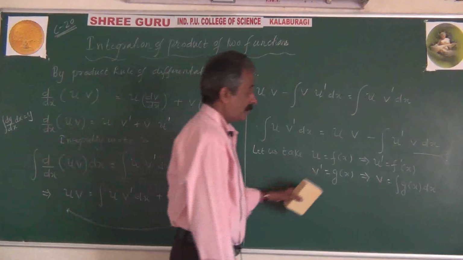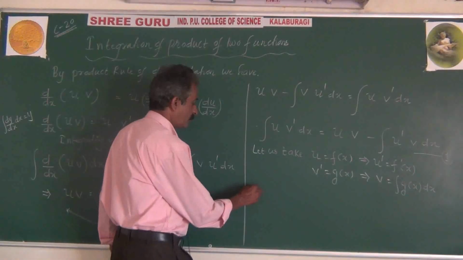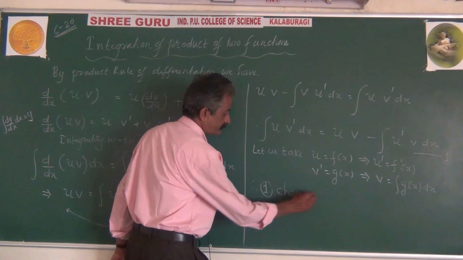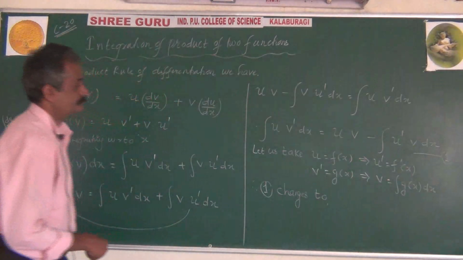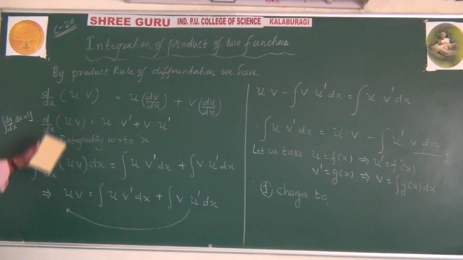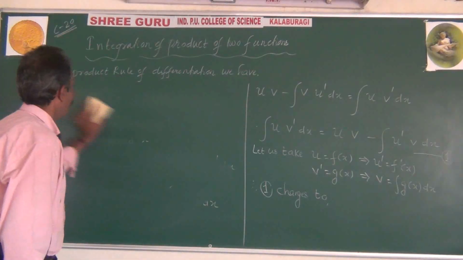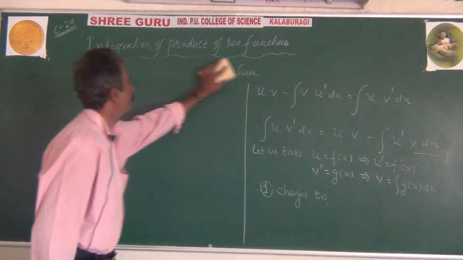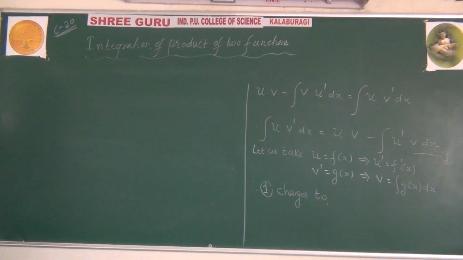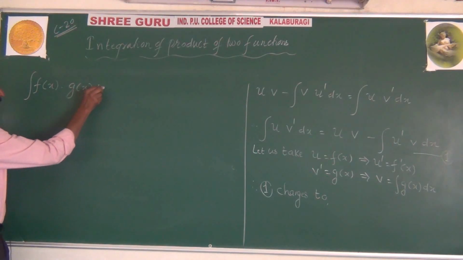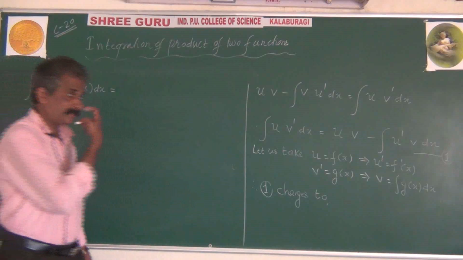With all these steps, our equation 1 changes. Therefore, now 1 reduces to: integration of u, what is u, means f of x, v dash means taken as g of x, dx equals right hand side.